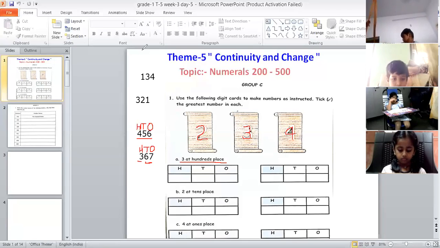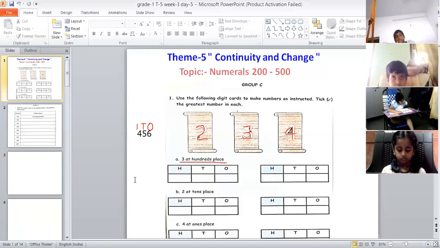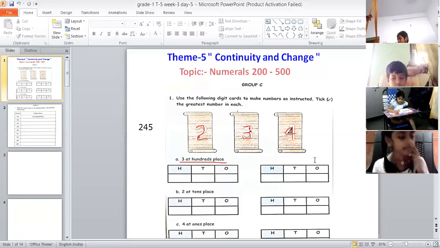Okay, now I'll write here a few more numbers. First, I think I should erase this. Tanvishree, you read this number. I have written here 245.